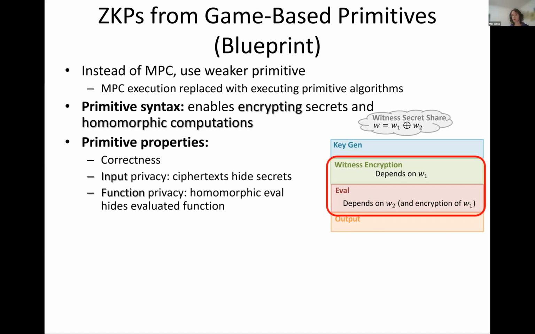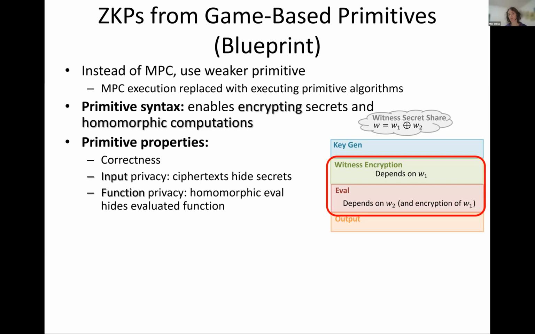And we need 3 properties from this primitive. So we need correctness. This gives us the soundness of the zero-knowledge proof. And we need 2 types of privacy. The first type is input privacy. We need this because we evaluate a function that depends on W2 with an encryption of W1, so we need this encryption to hide W1.